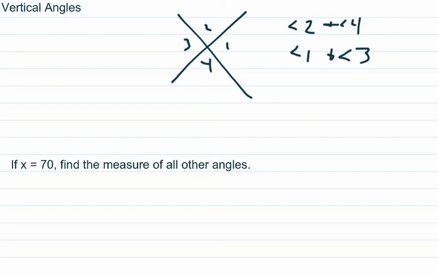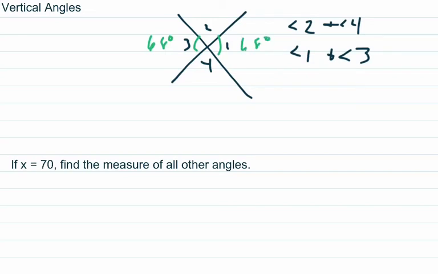What you need to remember about vertical angles is that they are congruent, which means they have the same measurement. So if I were to tell you that angle 3 was 68 degrees, you should be able to automatically match that up with angle 1 being 68 degrees.